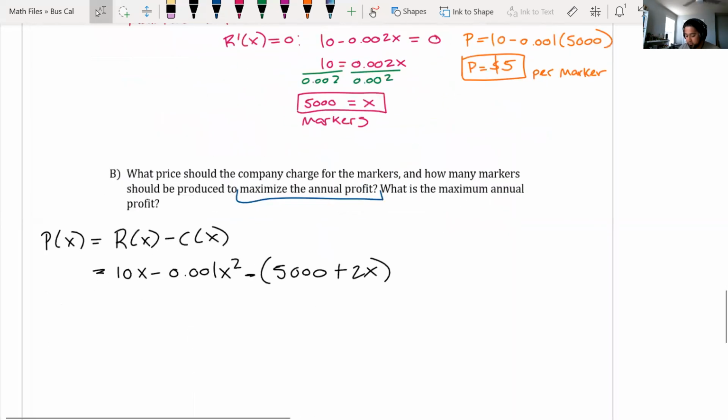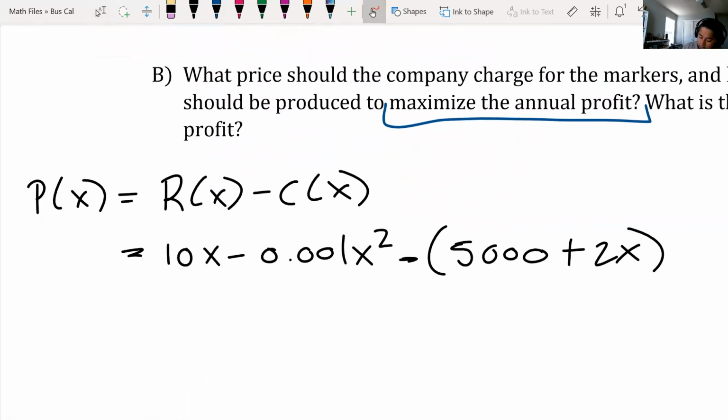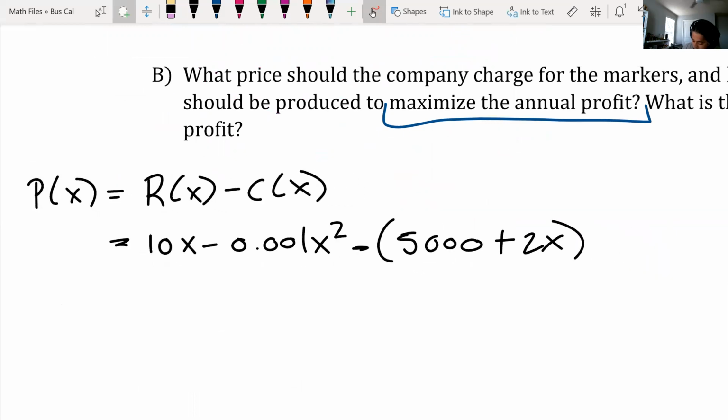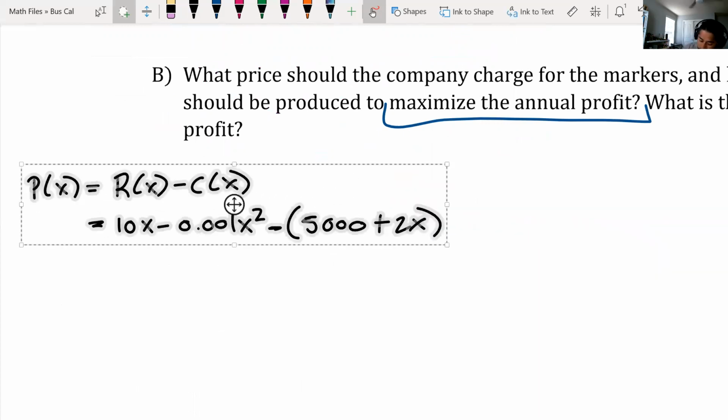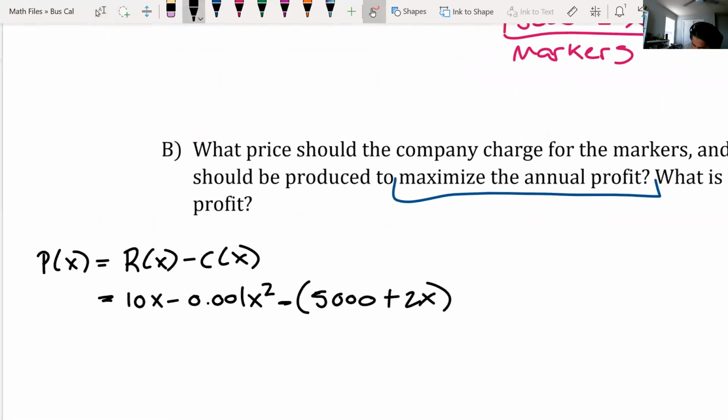Okay, now let's find profit. Maybe I could write that smaller. Hey, there we go. Okay, distribute that negative. 10x minus 0.001x squared minus 5,000 minus 2x.